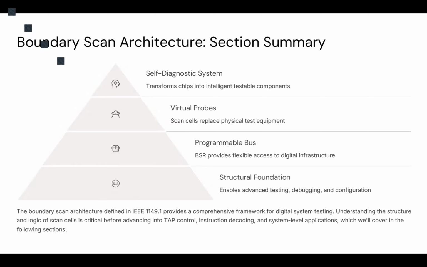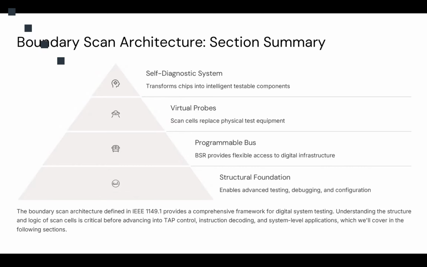It's a flexible, programmable testing system for each individual digital system. Besides that, this architecture supports seamless integration of higher-level standards. The boundary scan cells are not just for IEEE 1149 Part 1.